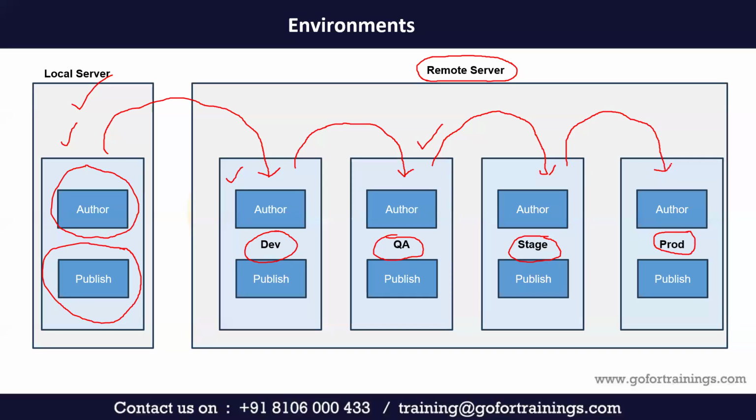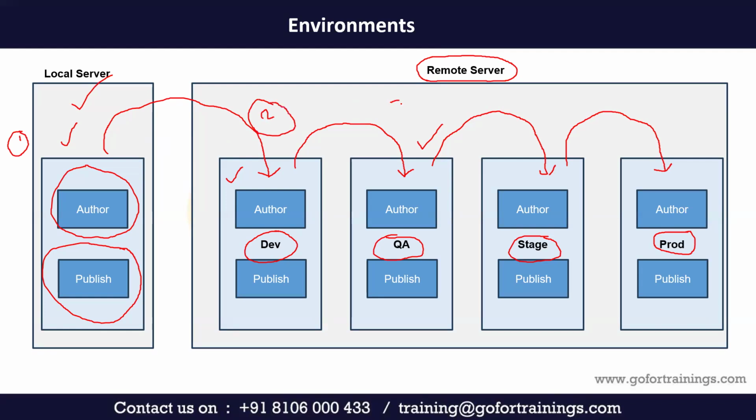Every feature needs to be validated in this many environments. It is not easy to deploy directly into production. First you have to validate locally; this is the first level of testing. The second level is dev testing in the dev environment.